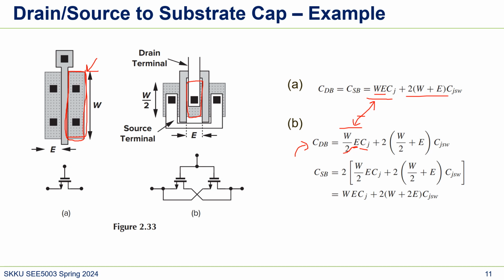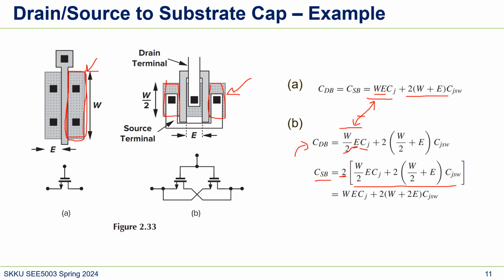And then source to bulk, source to substrate. So this part, okay, let me just delete it. And now we're looking at this part, right? And then we have two of it, right? So when we calculate it, we just multiply by two. And then let's just focus on this one single part. They're the same, right?